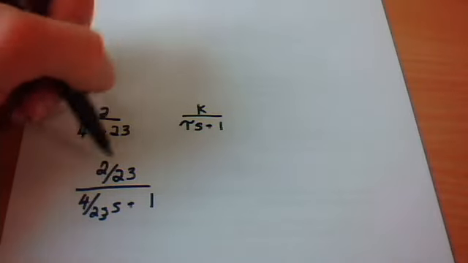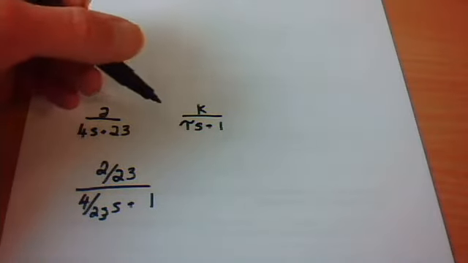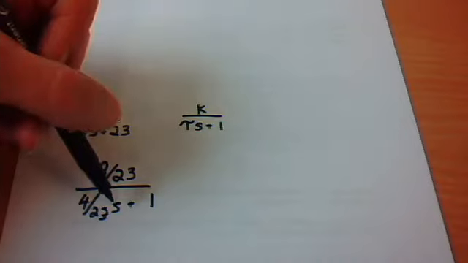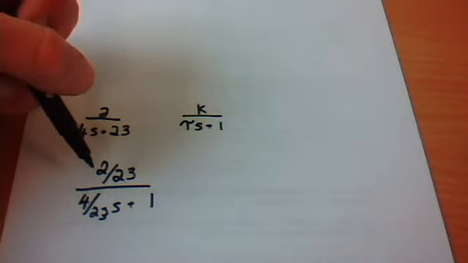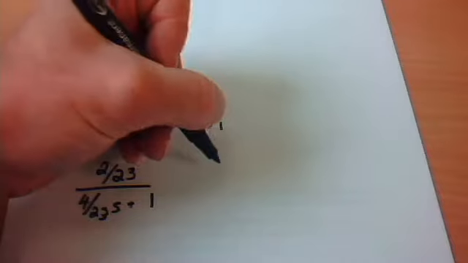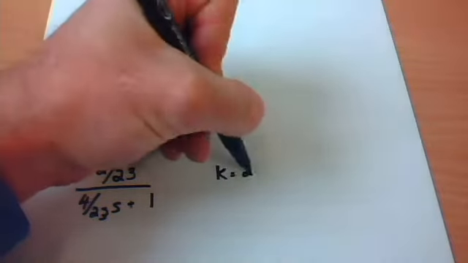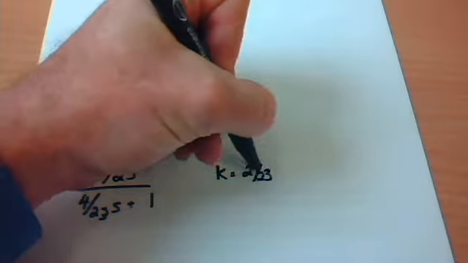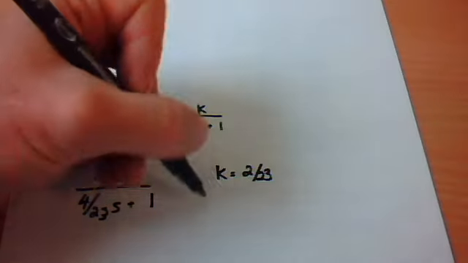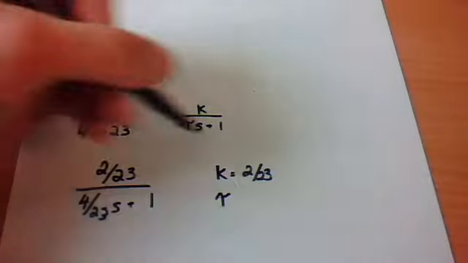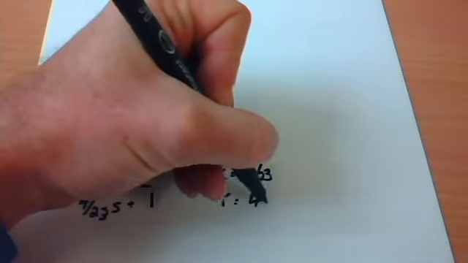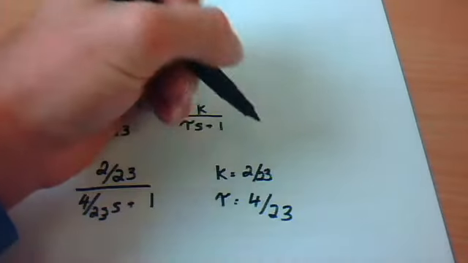So we can simply find the gain of the system when s goes to 0. That would be 2 divided by 23 over 1. So the gain k is 2 over 23, and tau is 4 divided by 23.